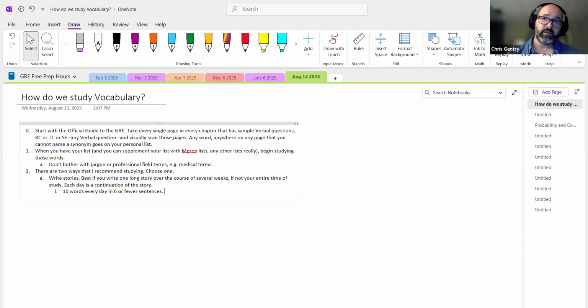Even if it's a one blank text completion, it's still fairly likely that elsewhere in the text completion sentence are vocabulary words that you would need to know. So 10 words every day in 6 or fewer sentences. You're really trying to get multiple words per sentence. Any words you cannot use that day get held to the next day.